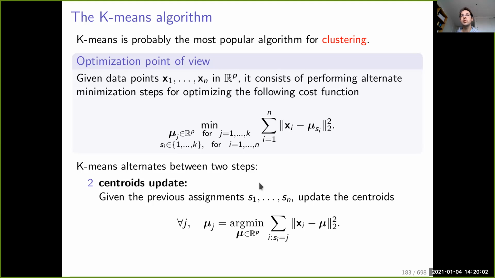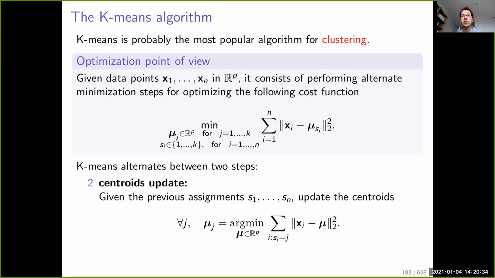So assuming that you are given assignments s_1 to s_n, you can decrease the value of the objective by minimizing over the squared distances for the points that live in cluster j, such that you can update the centroid j. So mu_j is obtained by minimizing this quadratic function. Note that this is a sum over the points that have been assigned to cluster j.